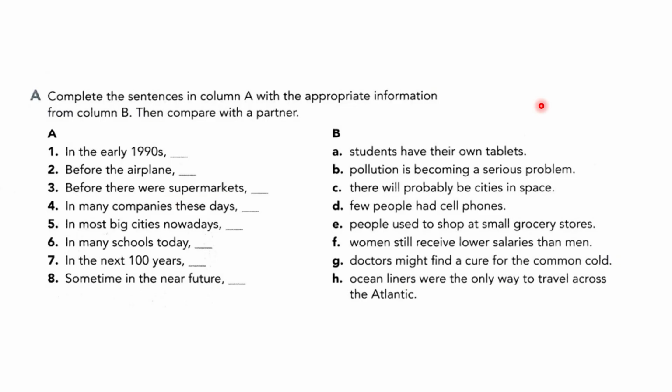And the last one, sometime in the near future, the last one is letter G, right? Tell me, Johnny. Letter E. Doctors might find a cure for the common cold. Yes, doctors might find a cure for the common cold.